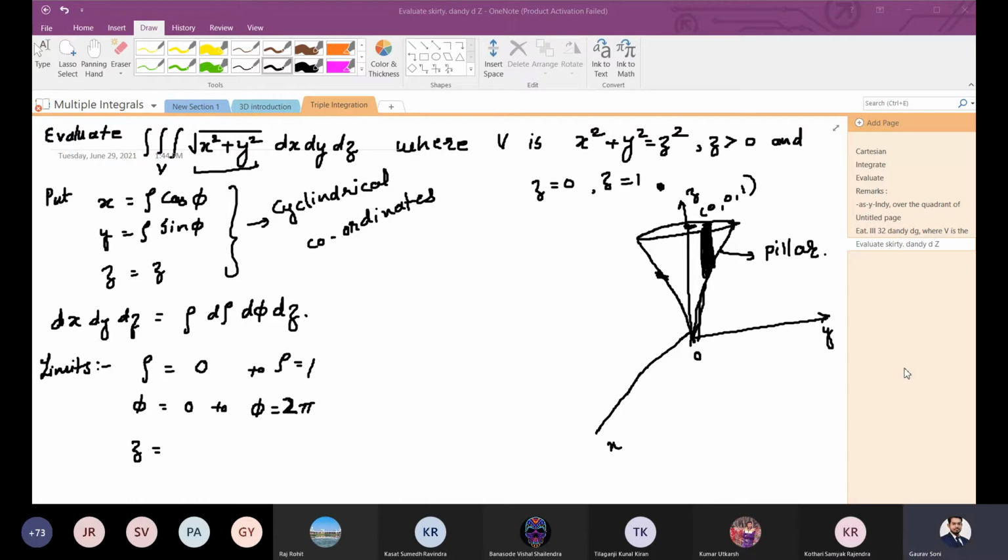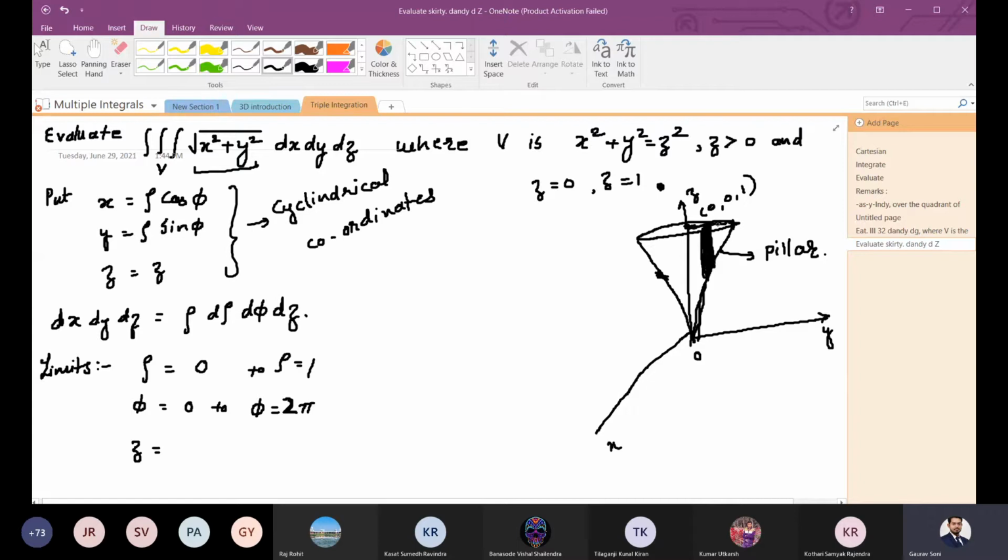Samyak was half right. So what he said was your pillar goes from this cone to this plane z equal to 1.